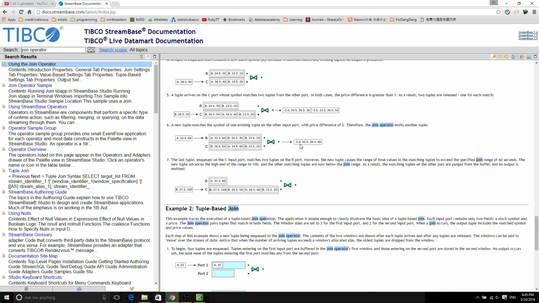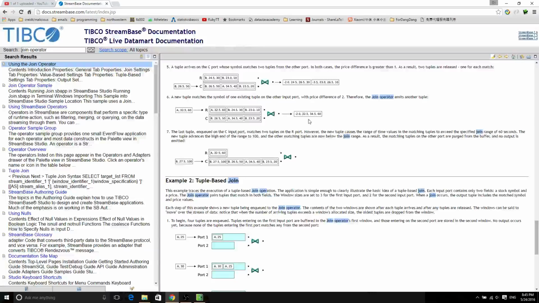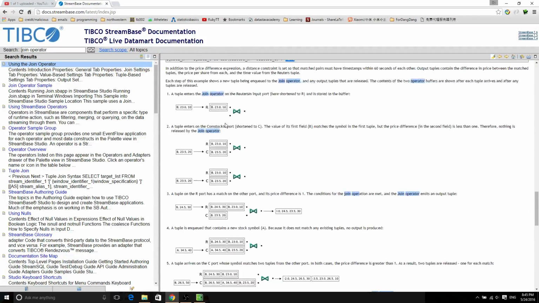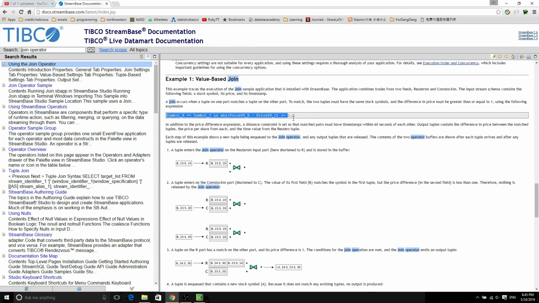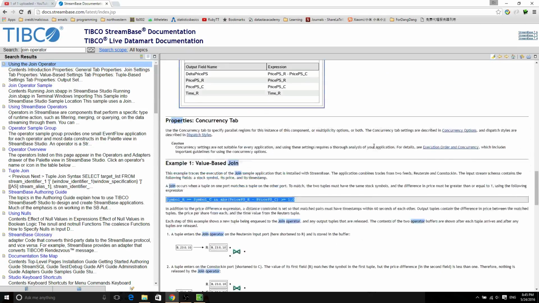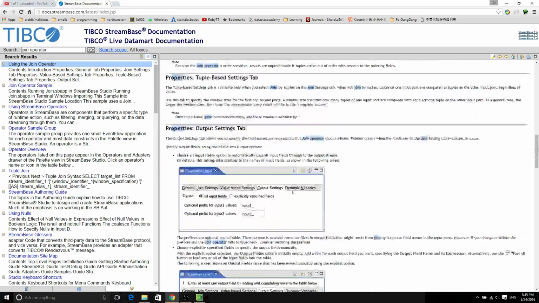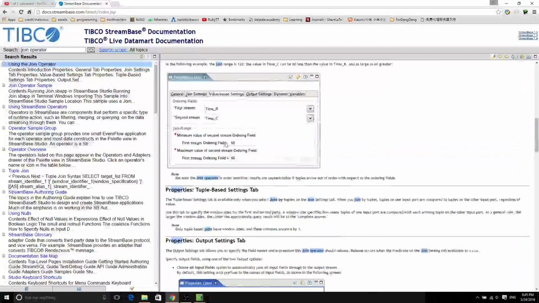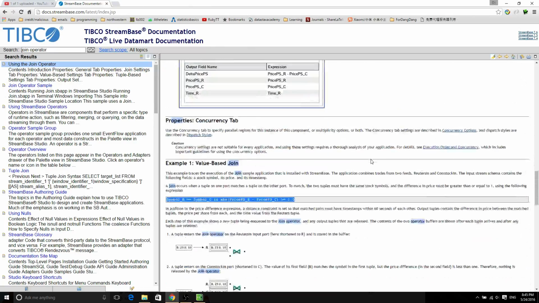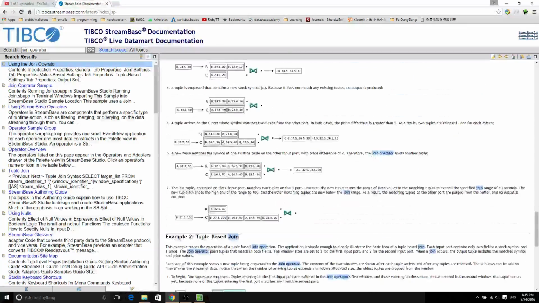We output negative 2.0 and 32.5, because it matches the expression and it also matches the 60-second range. It says here: first field ordering field minus 60 and plus 60. So it has to be in the range of negative 60 to 60.